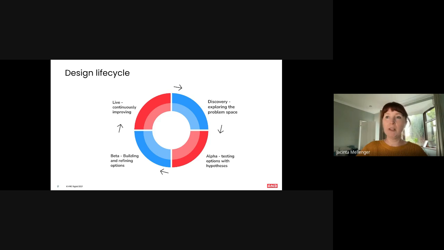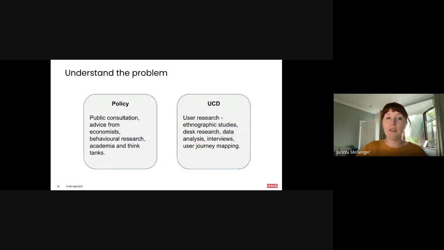Then we went on to the design cycle and did the same basically. I went through each stage of discovery, alpha, beta, and live, and what UCD practitioners might be doing as well. And then we discussed some key similarities and differences between policymakers and user-centered design.